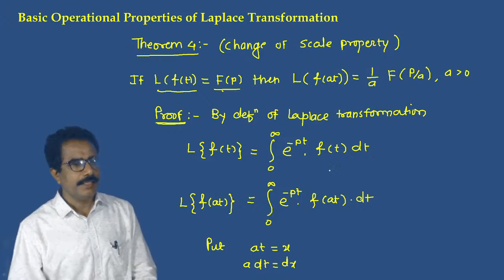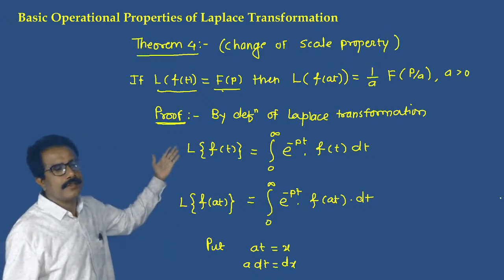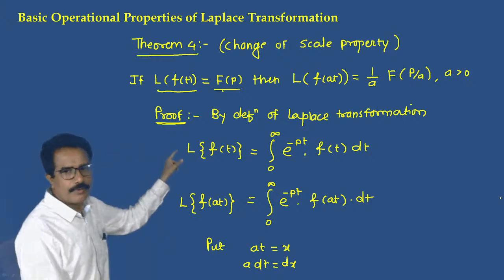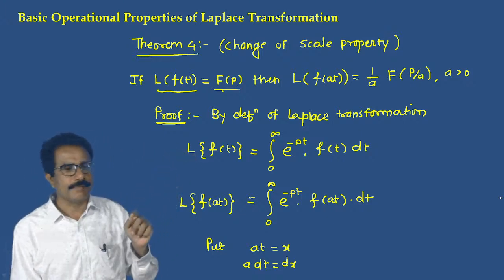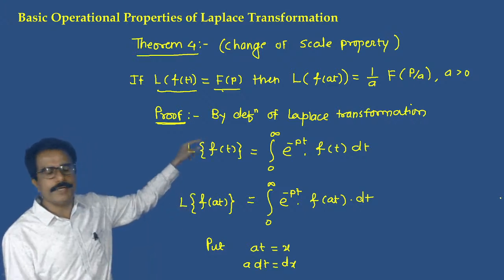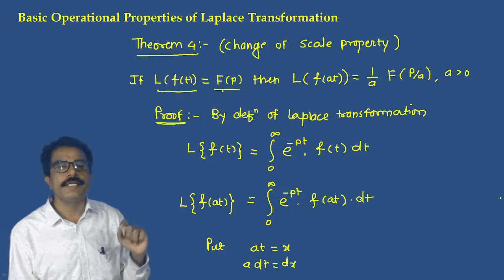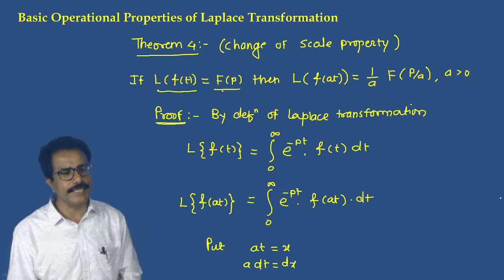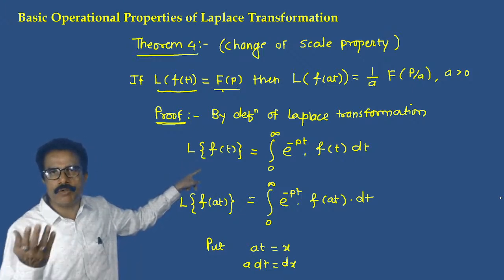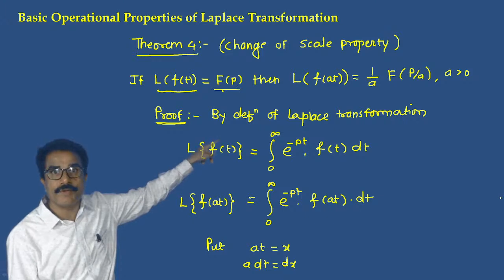Now see this by the definition. Now we shall see the proof of this. What is the proof here? See here, L of f of t is equal to the integral from 0 to infinity of e raised to minus pt into f of t dt. This is the basic definition of Laplace transformation, but actually we have to calculate the Laplace transformation of f of at.